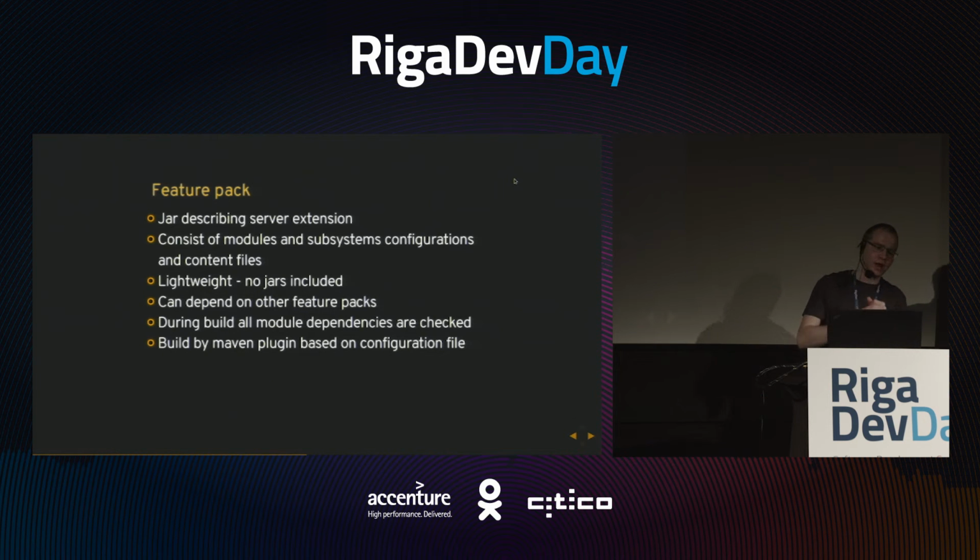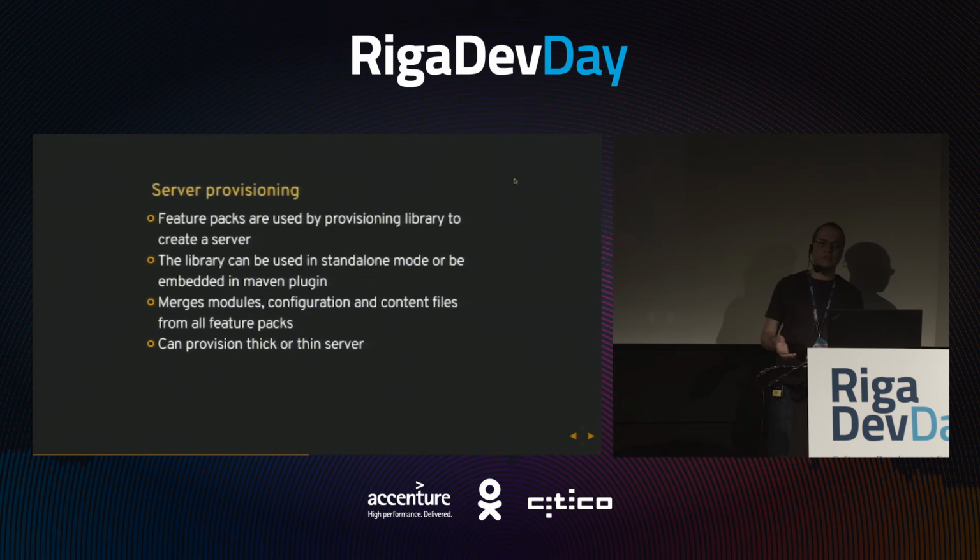Okay, and after we have a group of feature packs, we can assemble a server from them. To do this, we use a provisioning tool. This is basically a library which takes a group of feature packs and builds a server from them.